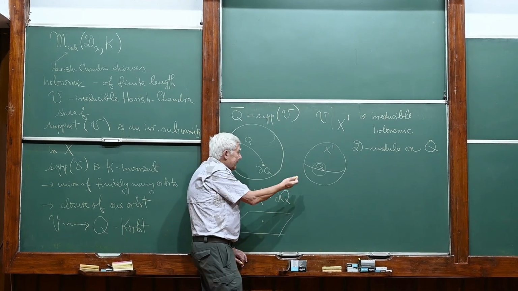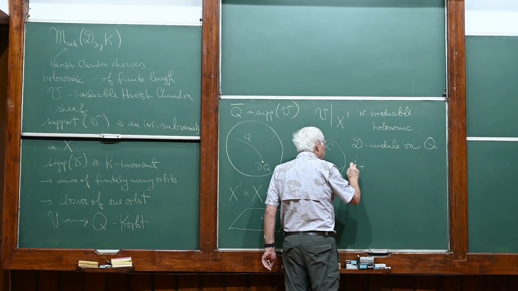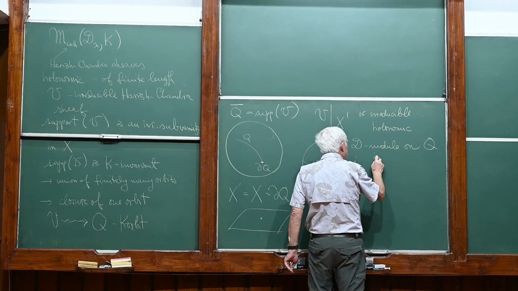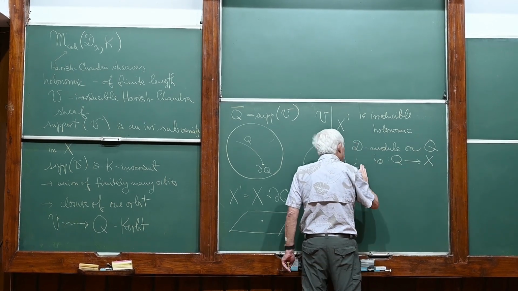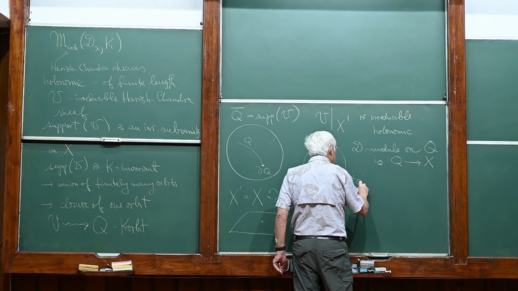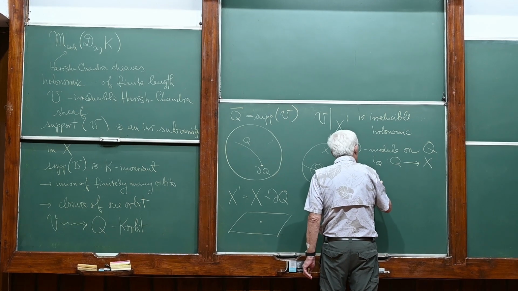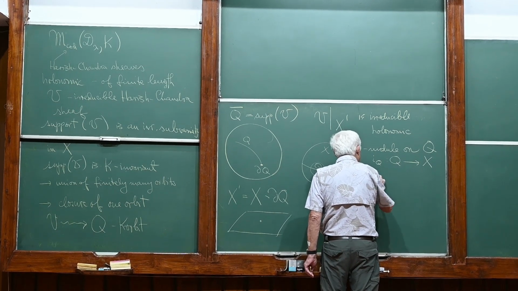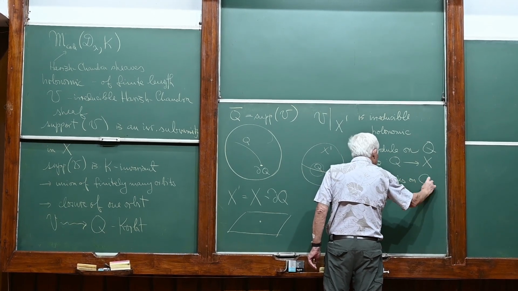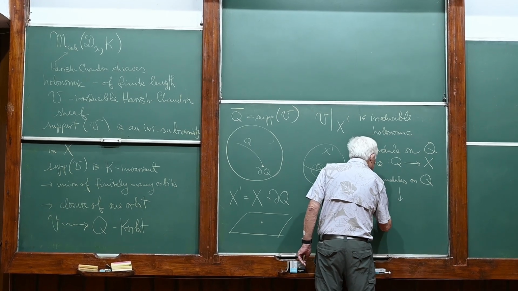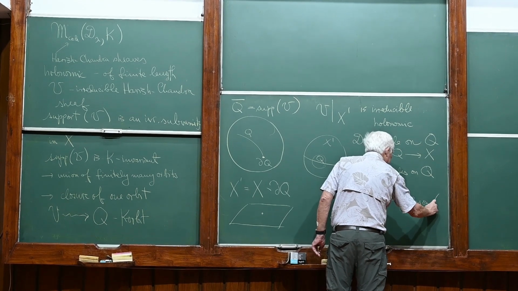So this D module, which you get as a direct image, say I_Q is the inclusion of Q into X, and there is the functor I_Q plus, which goes from the category of D modules on Q to the category of D modules on, in this case, X prime.